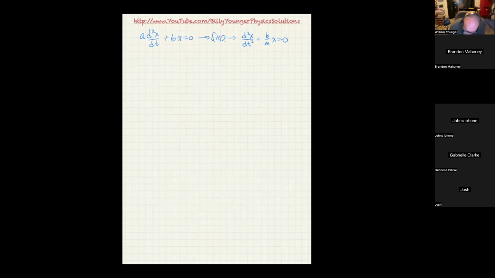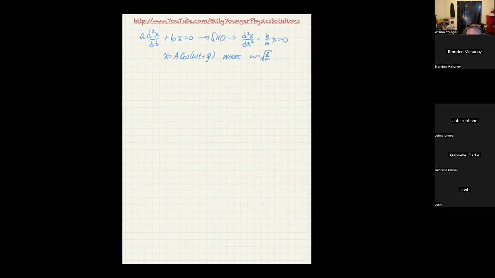And that means the solution is x is equal to A cosine omega t plus phi. And that gives you essentially 3 variables here. You got A, you got omega, and you got phi. But it turns out that omega has to be the square root of k over m.